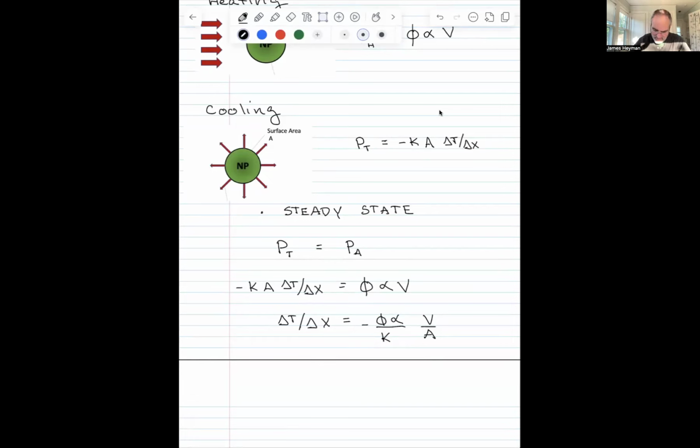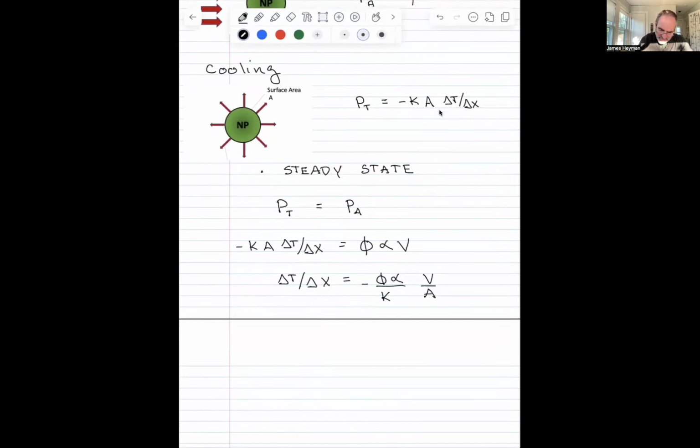That's all that means. And we want the magnitude of this term to be as large as possible. But notice something: dT/dx, the change in temperature with position, is proportional to V over A. And that means it's proportional to the characteristic dimension cubed divided by characteristic dimension squared. And so it's proportional to D.